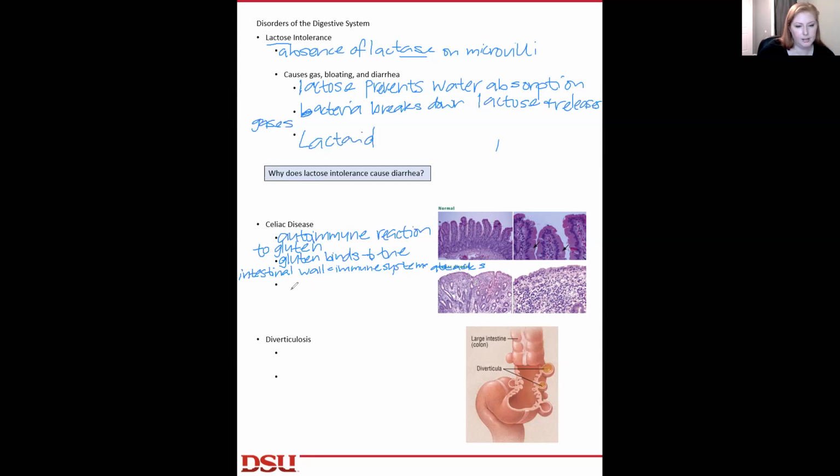So it causes, well, you can see that the microvilli are gone in celiac disease. So it breaks down the microvilli, and then it causes pain, but also malnutrition, because the microvilli and the villi are where absorption happens. So while the immune system is only responding to the presence of gluten, the microvilli are then destroyed, and it prevents them from absorbing almost everything, okay?